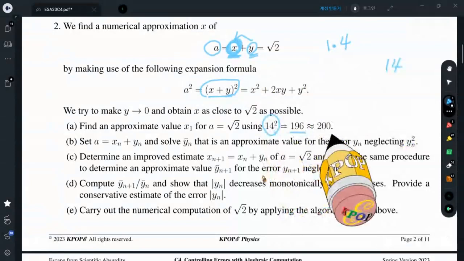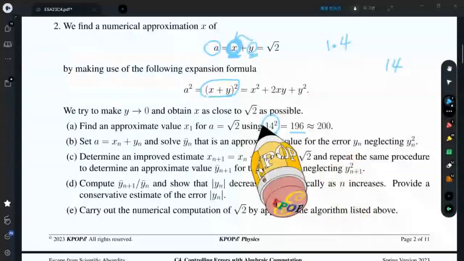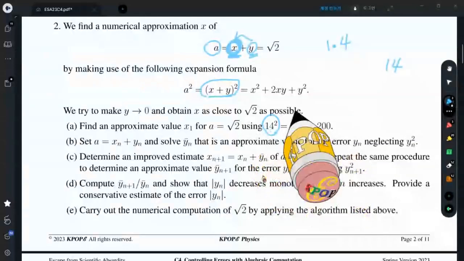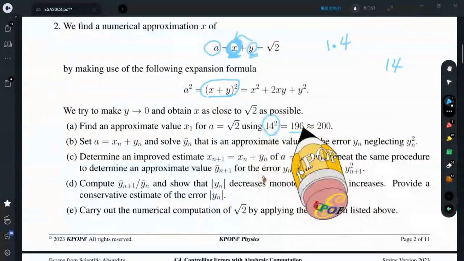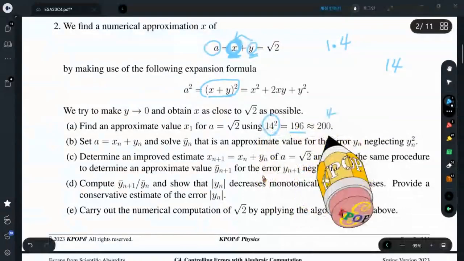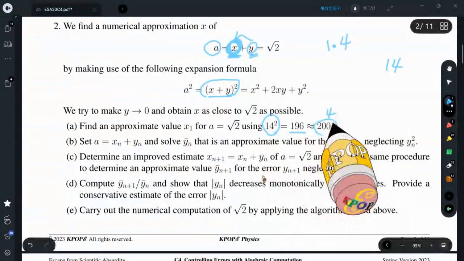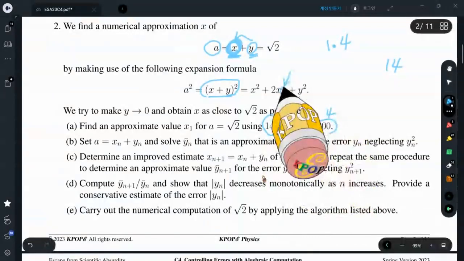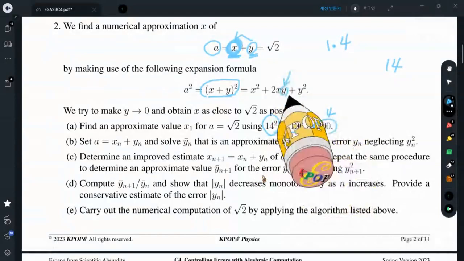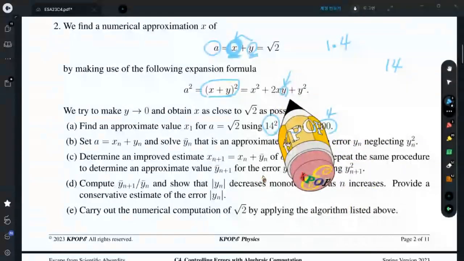So we begin with this number as a starting point. In that case, we have an error of 4 out of 200. That is about 2%.